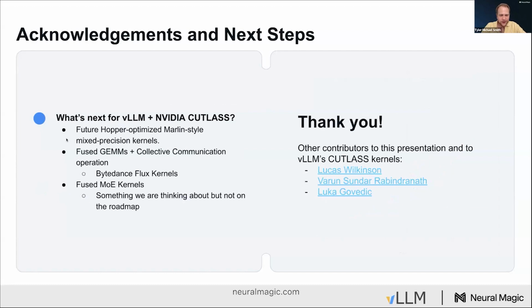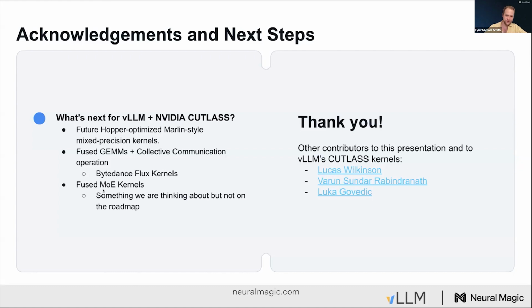Okay, that's about everything. So what's next for vLLM plus Cutlass? We have future plans. We're working on Hopper-optimized Marlin-style mixed precision kernels. We're also working on fused gems plus all-gathers and reduce-scatters, and integrating some ByteDance kernels that are also Cutlass based into vLLM.